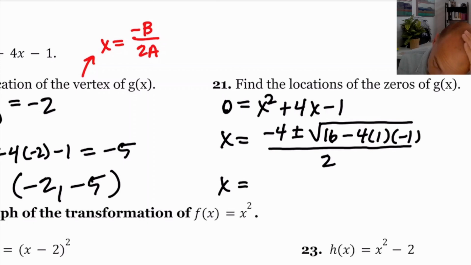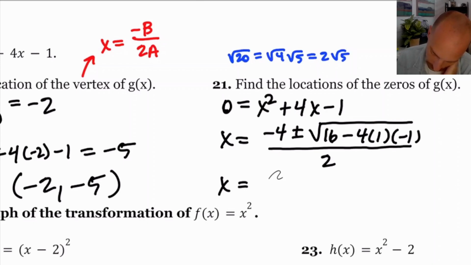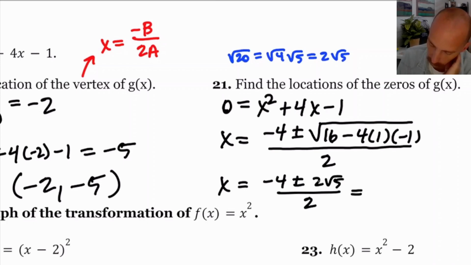That's going to be the square root of 20 right there. 16 plus 4 is 20, so the square root of 20 is the square root of 4 times the square root of 5, and that would be 2 root 5. So I've got negative 4 plus or minus 2 root 5, all divided by 2, and I need to simplify. Negative 4 over 2 is negative 2, plus or minus 2 over 2 is 1 square root of 5.